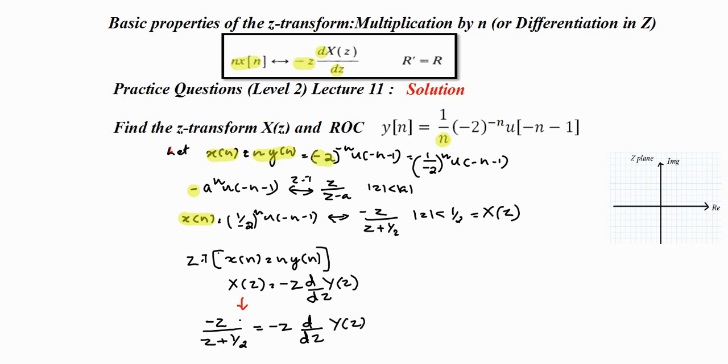Now we can see that on both sides there is a minus z, so I can cancel this. The remaining portion I can write like this: 1 by z plus 1 by 2, which is equal to d by dz of y of z.